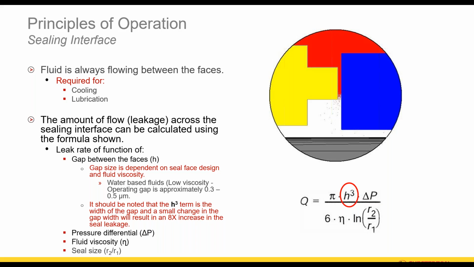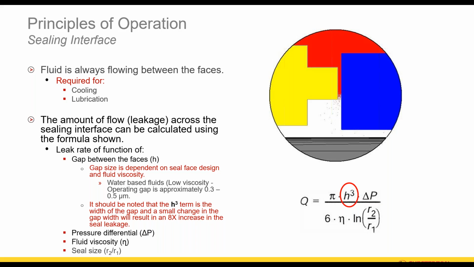But it's not the only thing that drives the leakage. We also have the pressure differential. Obviously, if there's a higher pressure differential from the sealed fluid to the atmospheric, or whatever the low pressure side of the seal is seeing, that's a driving force to increase leak rates as well. The third parameter is the fluid viscosity. The heavier the fluid, the higher the viscosity. Think about a 5-weight motor oil versus a 40-weight.